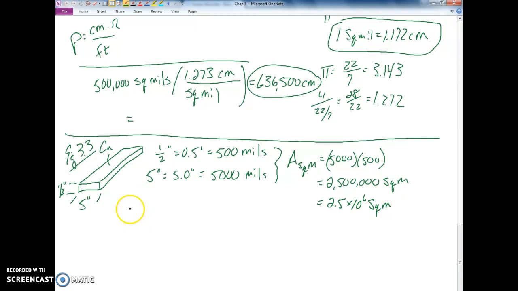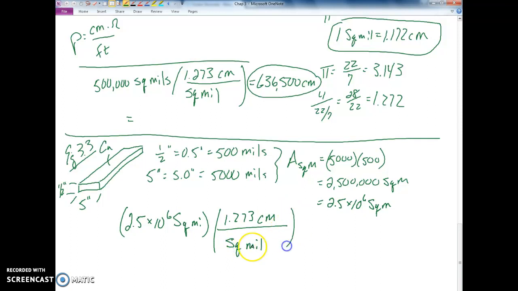Then convert that to circular mills, as we just did. Okay, times 1.273 circular mills for every 1 square mill. Units cancel out.